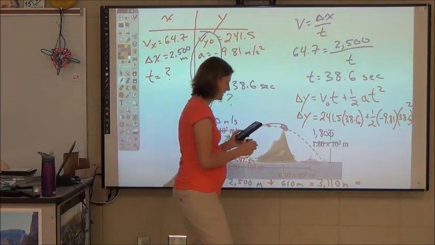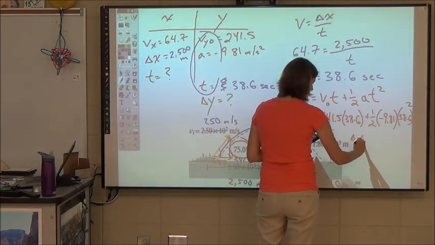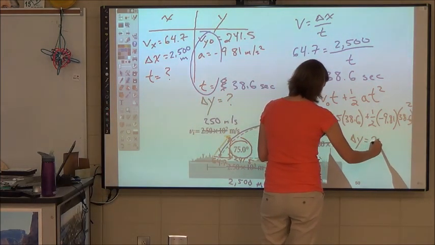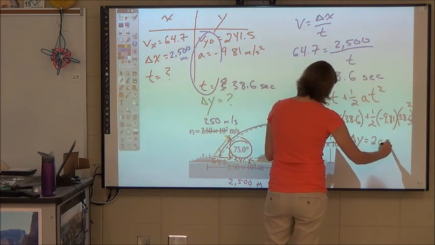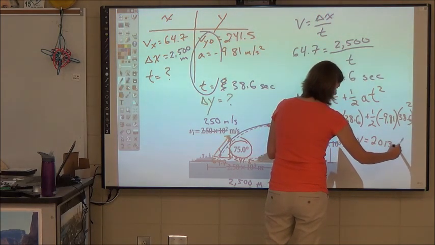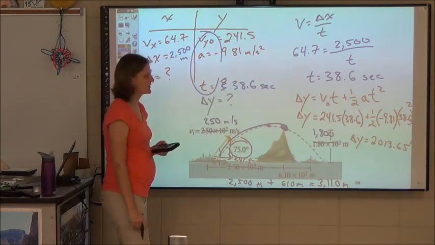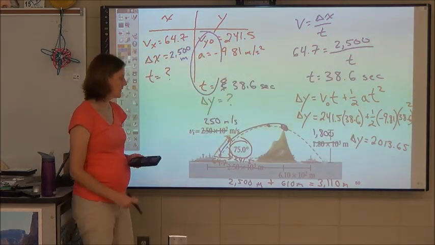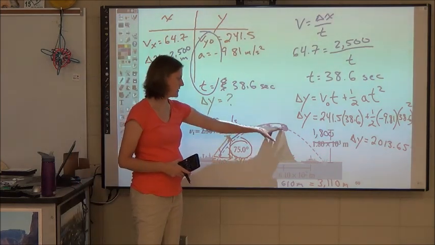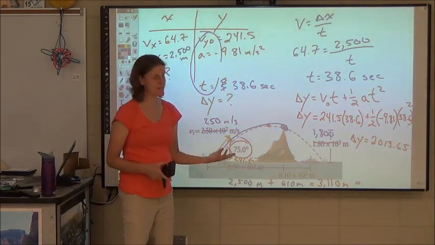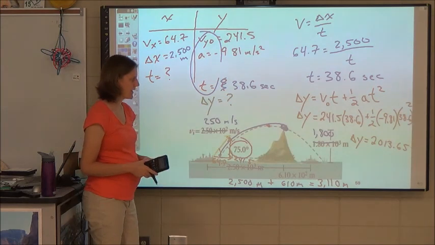Okay, and I get 2,013.65 meters. Again, that's displacement, that's final minus initial. Makes sense that it's positive. It is above the ground at that moment.